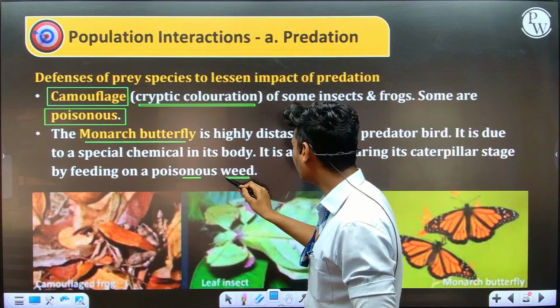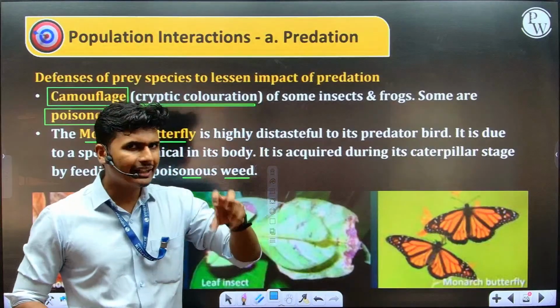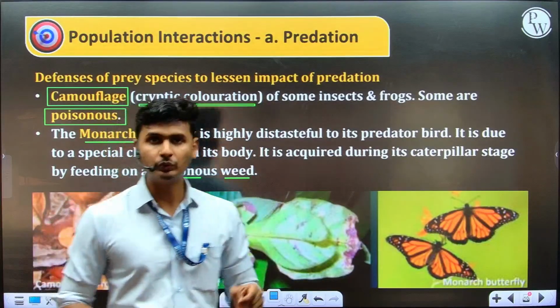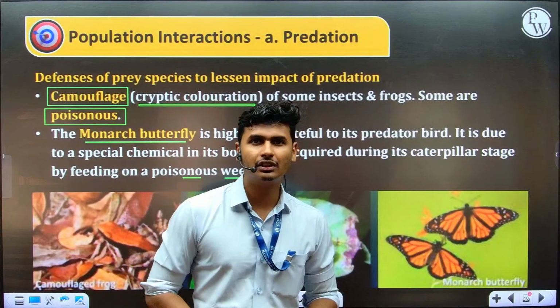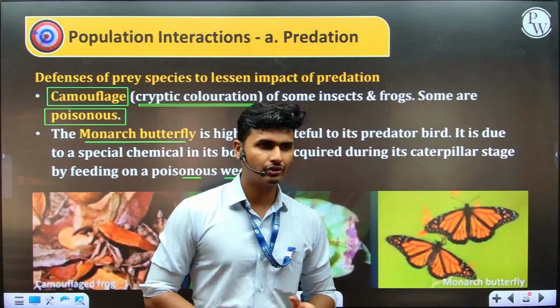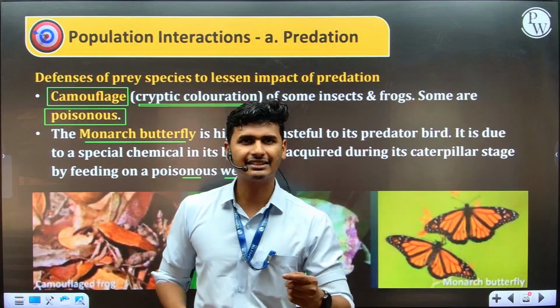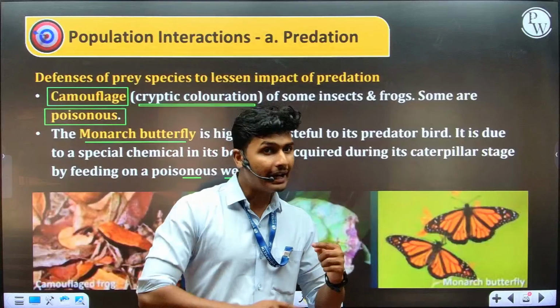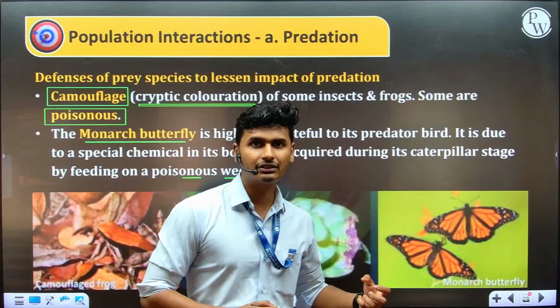So it is completely distasteful. Sometimes a predator tries to eat a monarch butterfly, but it is difficult because it is completely distasteful and poisonous in nature. So the predator is not going to harm its life for a simple monarch butterfly. By doing this, the monarch butterfly saves its life.